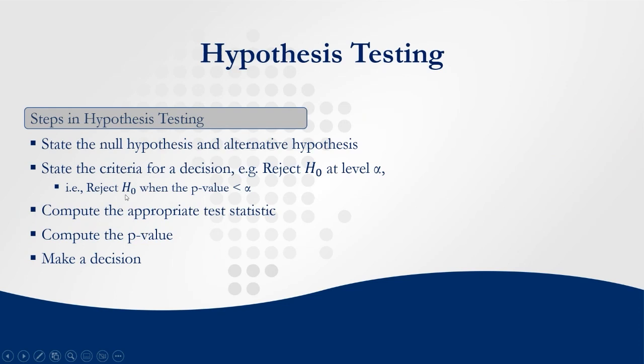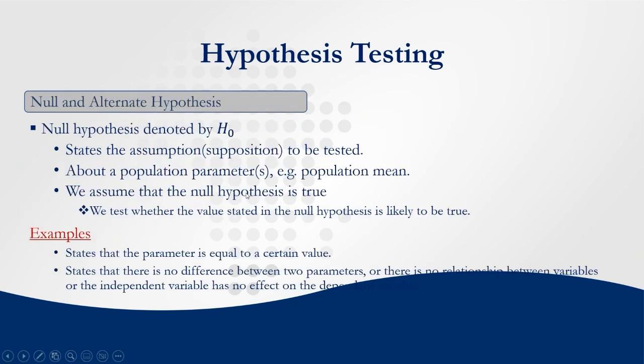So that's the criteria. Once you have all the elements, the last decision is to say, I've computed the p-value. Is it less than the alpha that I would have set? As I've said, I'm going to look at those points and unpack them.